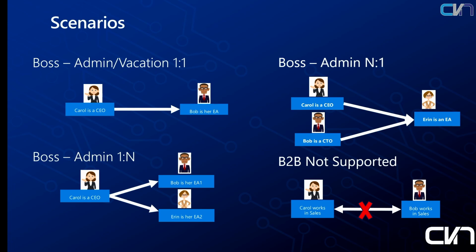One scenario that is not supported is that I can be a delegate of Michael, but he cannot be a delegate of me. You can't have that circular delegation, only one-way delegation. We tagged it as boss to boss, B2B, not supported. Yes, exactly.